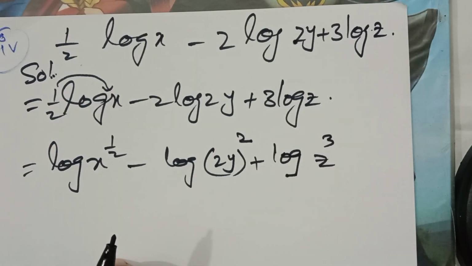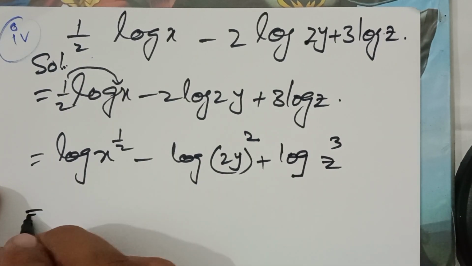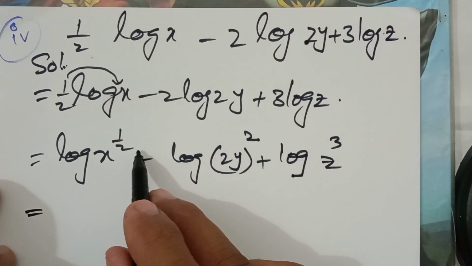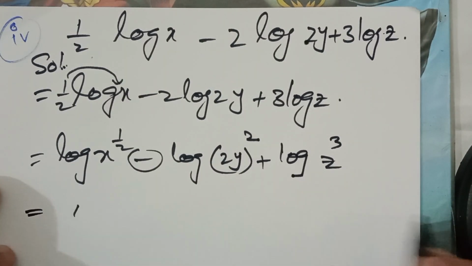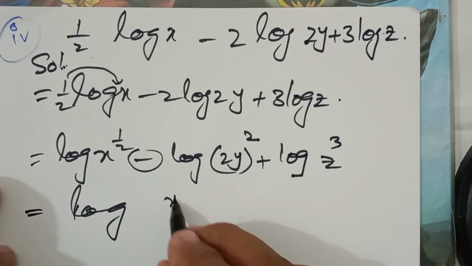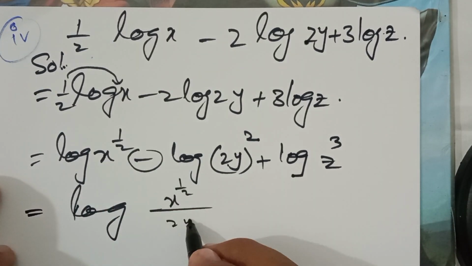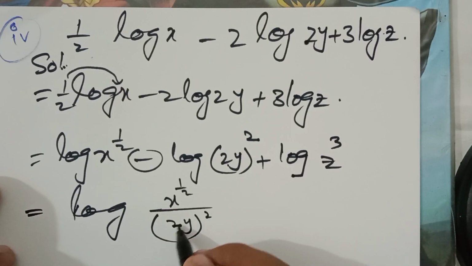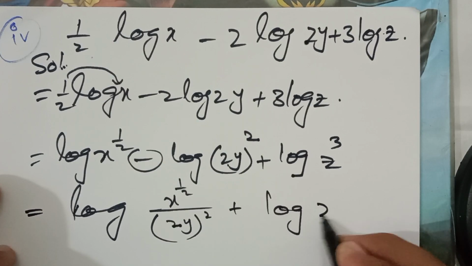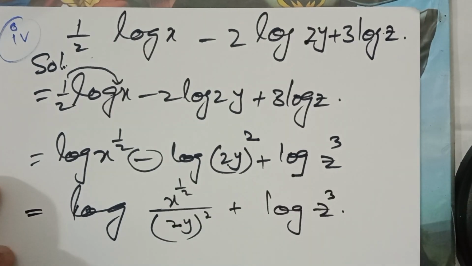To make it single, since there is a negative sign, we can write log of m by n: x to the power 1 over 2 divided by 2y whole raised to the power 2, as a single log with base 10, and the 3 log z remains the same.